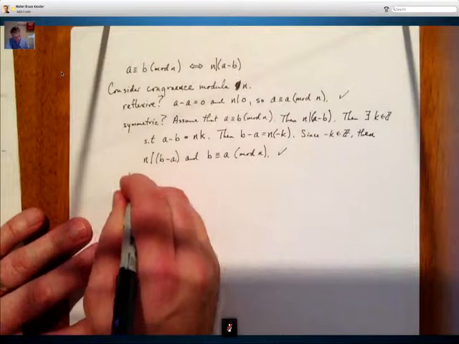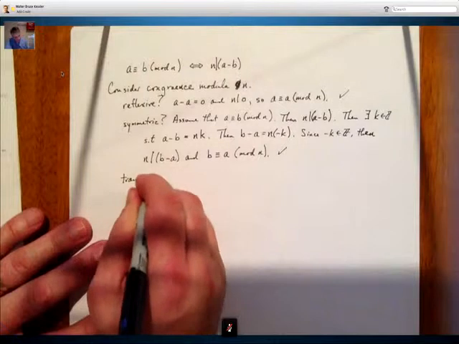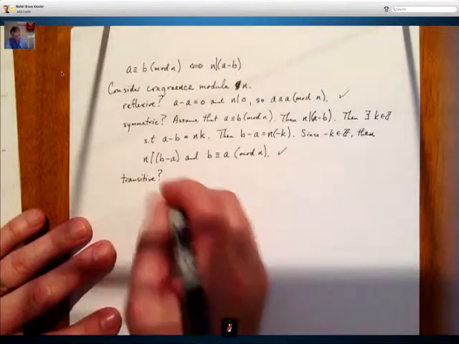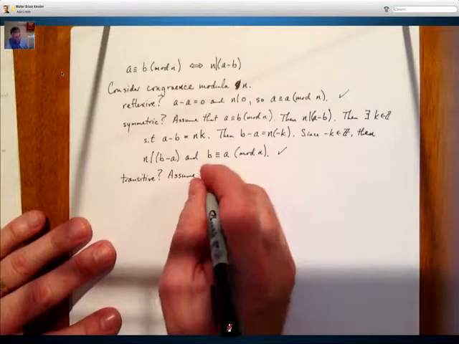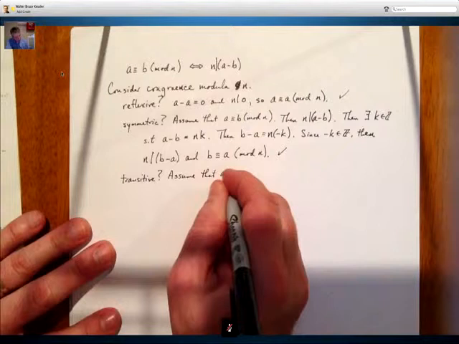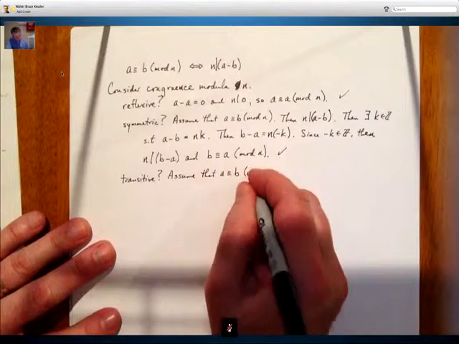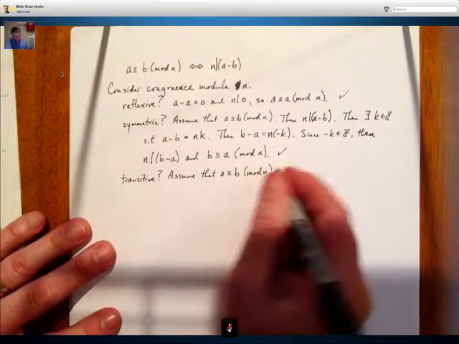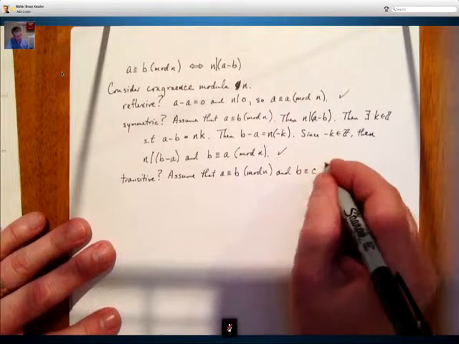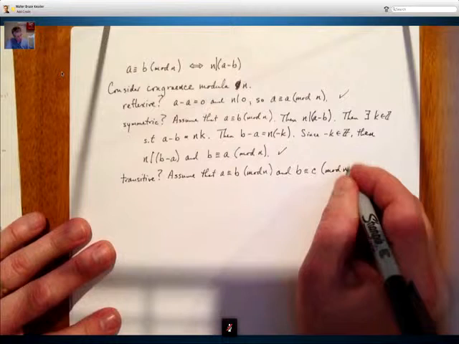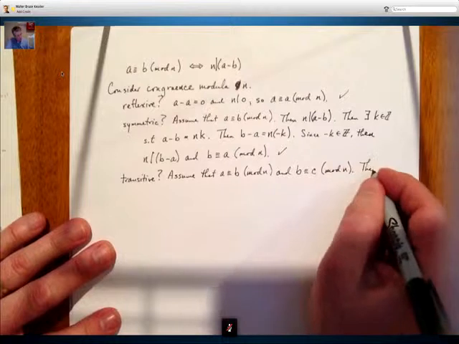And now let's consider transitive. Assume that A is congruent to B mod n, and B is congruent to C mod n.